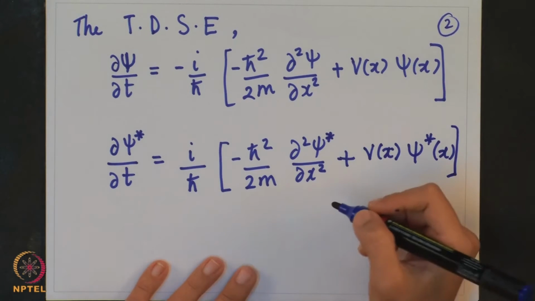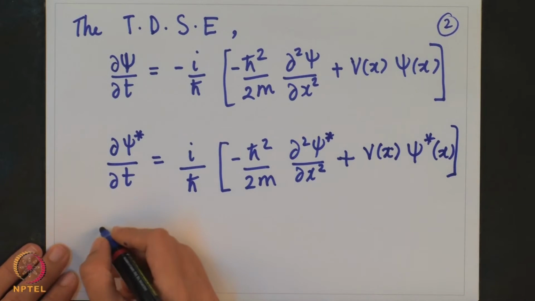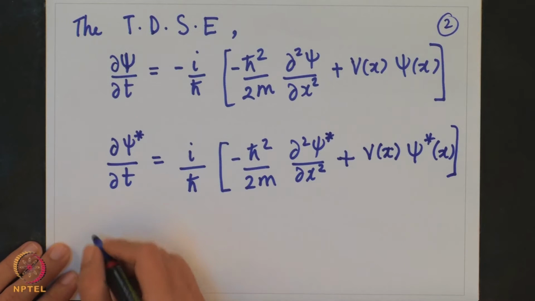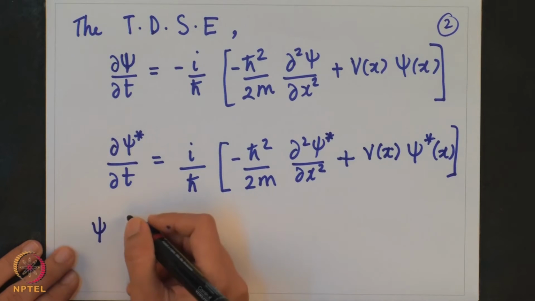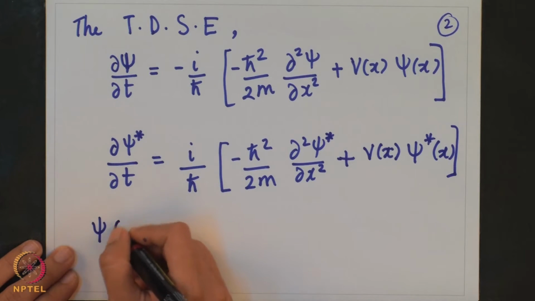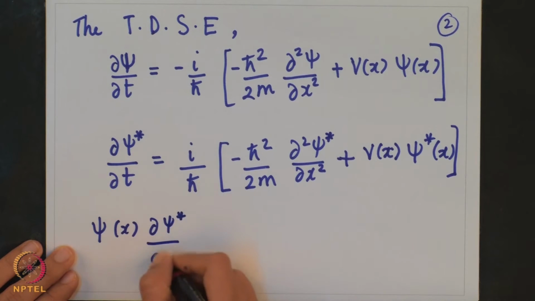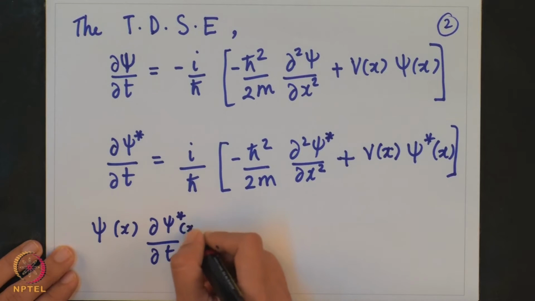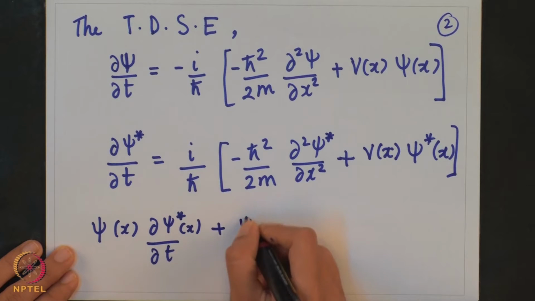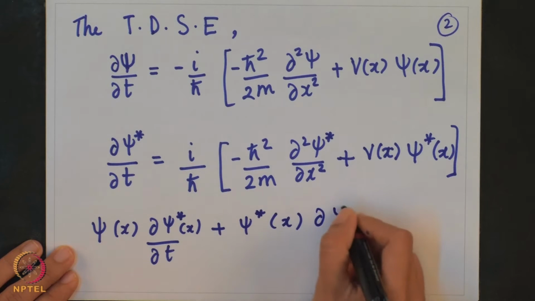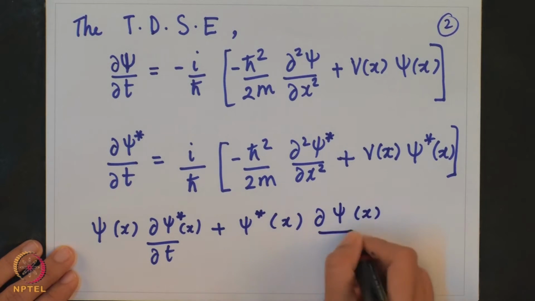Now what we have to do is write this in the form of the current density. So what was the expression for the current density? It was of this form: psi of x dou psi star by dou t of x plus psi star of x dou psi of x by dou t. You have to evaluate this.